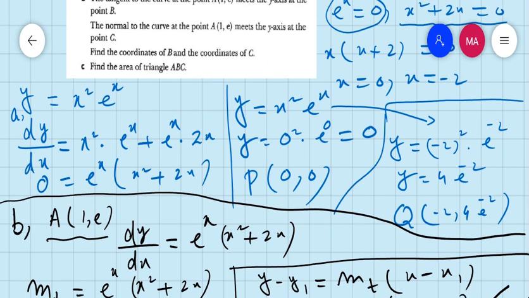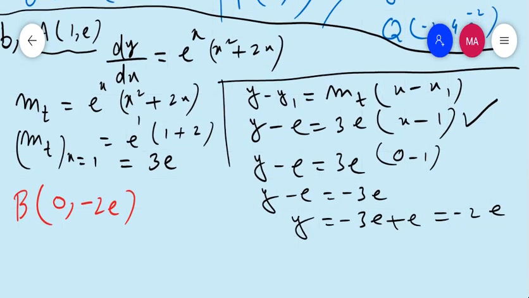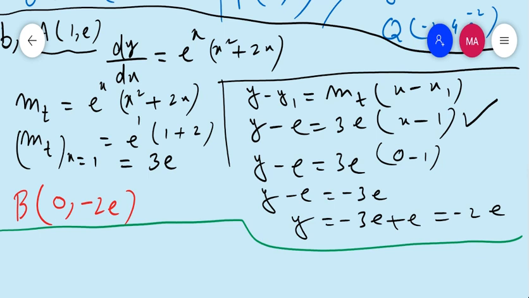The next line is: the normal to the curve at the point (1, e) meets the y-axis at the point C. So for the normal, we must find the equation of normal. For the equation of normal, first we must have the gradient of normal. For the gradient of normal, we must have the gradient of tangent, which we just found above. So if the gradient of tangent is 3e, then the gradient of normal is minus 1 upon 3e.